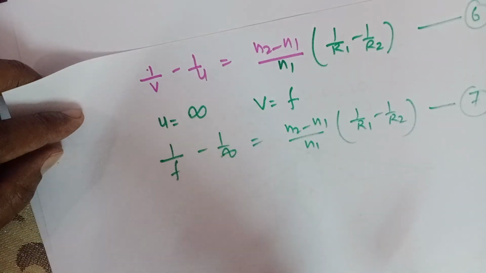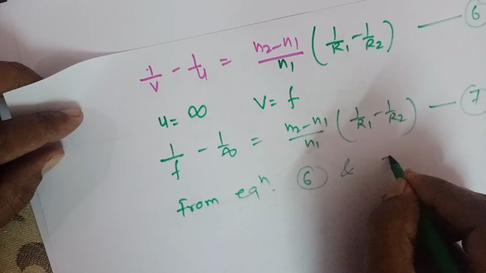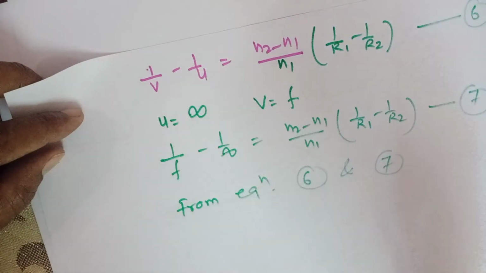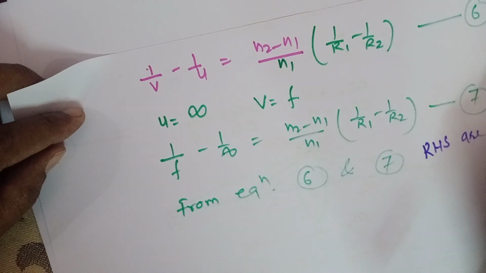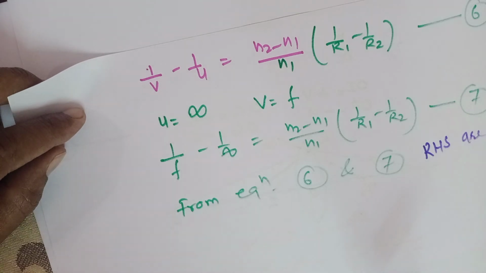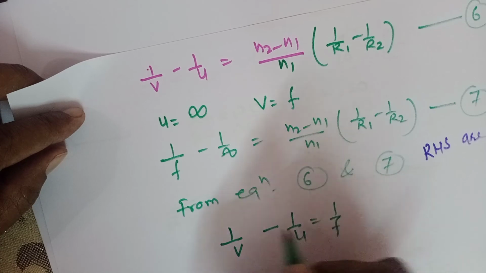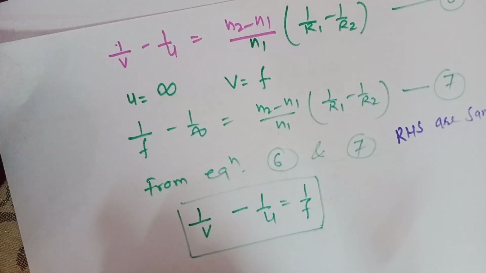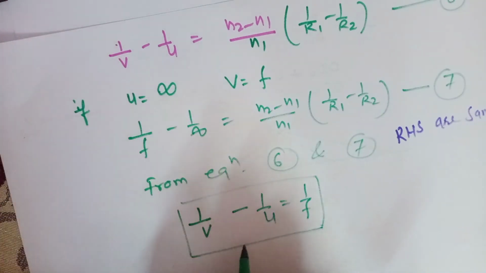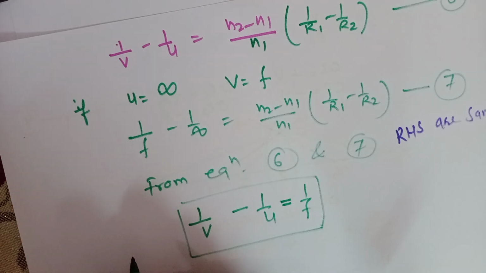So from equations 6 and 7, the right hand sides are the same, hence the left hand sides must be the same. So 1 upon V minus 1 upon U equals 1 upon F. And this is our lens maker formula.